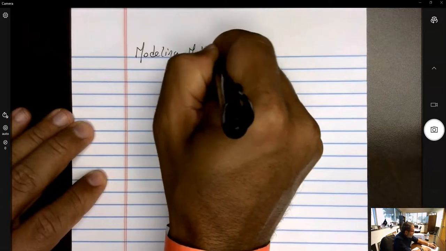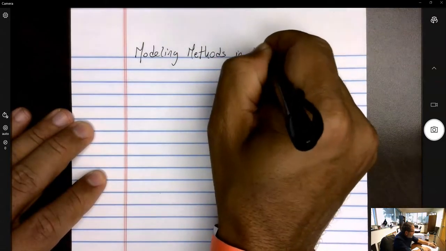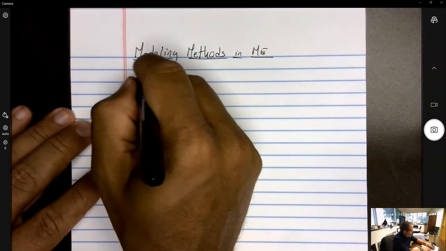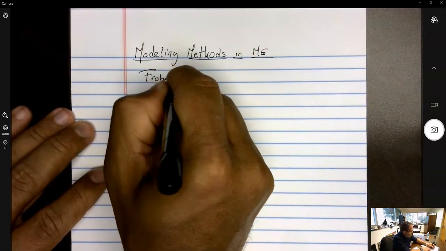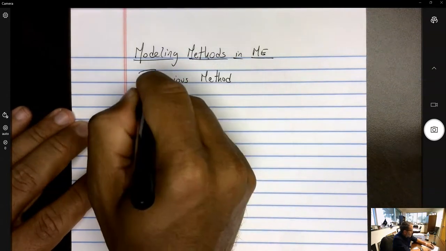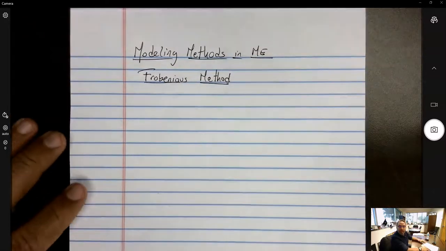So this is Modeling Methods in ME, and we are going to talk about the Frobenius method.